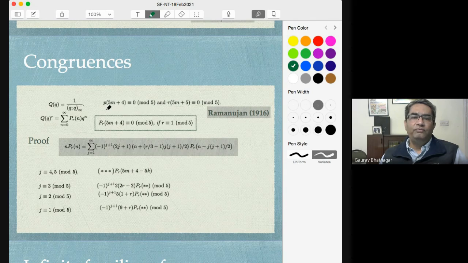So p of 5m plus 4 is congruent to 0 mod 5, and then he found a very similar result for the tau function. And in fact, this one follows from this one. These are all explained in Byrne's book that I mentioned, Number Theory in the Spirit of Ramanujan. It's a very sweet book, must read.